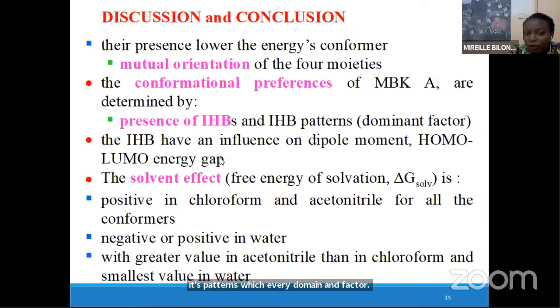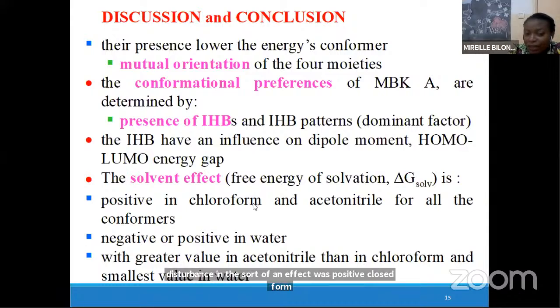The intramolecular hydrogen bond also has an influence on the dipole moment, HOMO-LUMO energy, and the solvent effect, which was negative in chloroform and acetonitrile, but may be negative or positive in water.